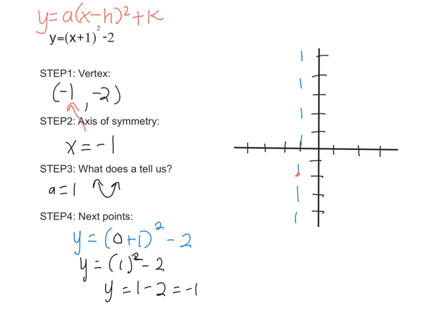So my next point is the ordered pair 0, -1. So if I plot that point on my graph and then mirror image it over, now I have enough to tell me what my graph should look like, and I can sketch a nice smooth curve that goes through those 3 points.